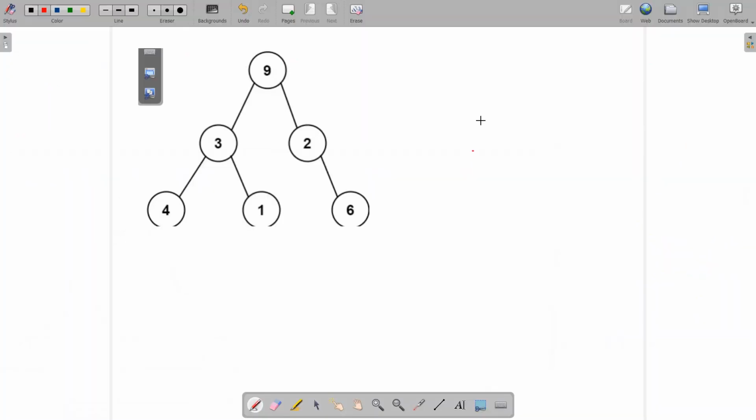Suppose that we have been given this binary tree. If we are asked what is the pre-order traversal of this binary tree, note that pre-order traversal of any binary tree is: visit the root node first, then visit the left subtree, and then visit the right subtree. So what is the pre-order traversal of this tree?